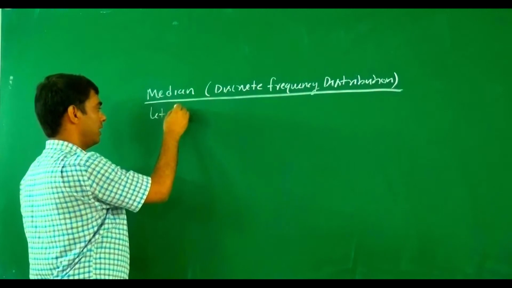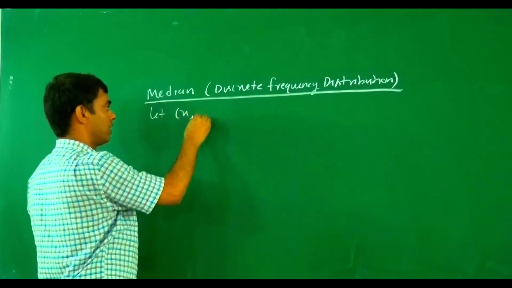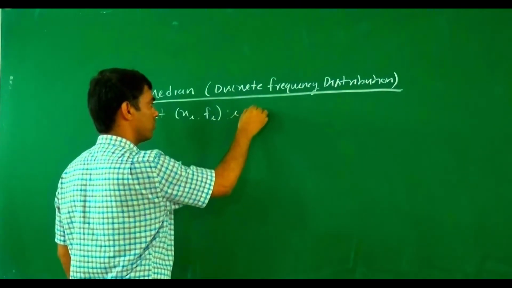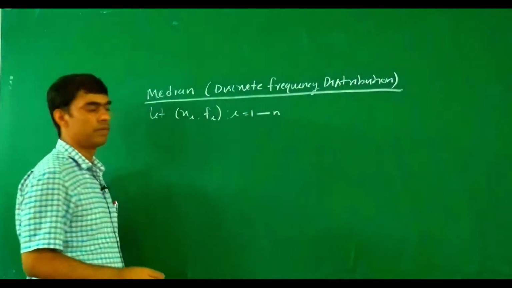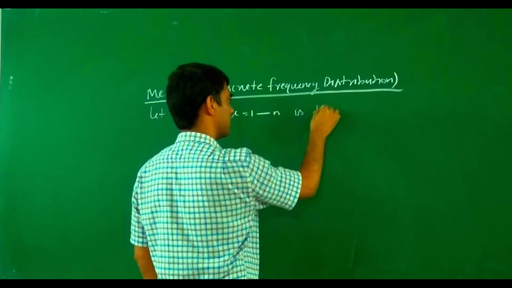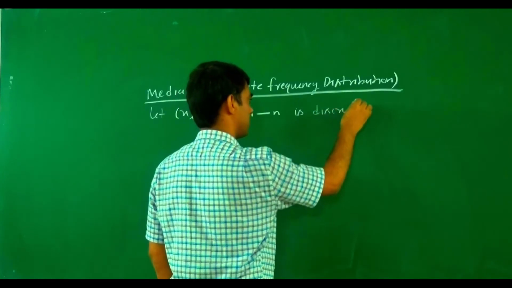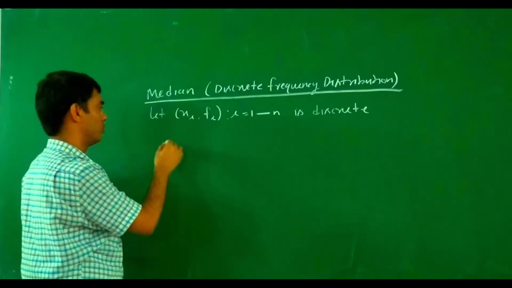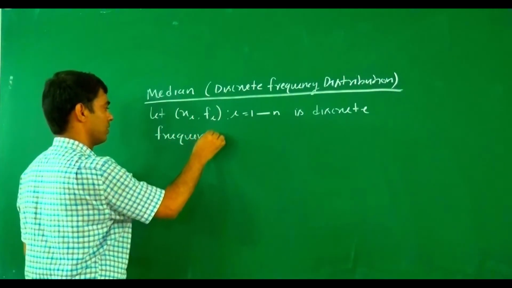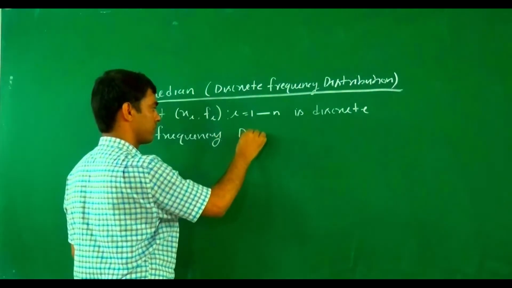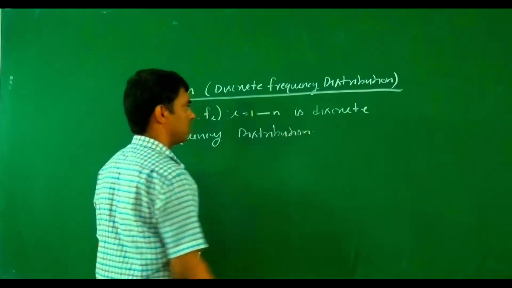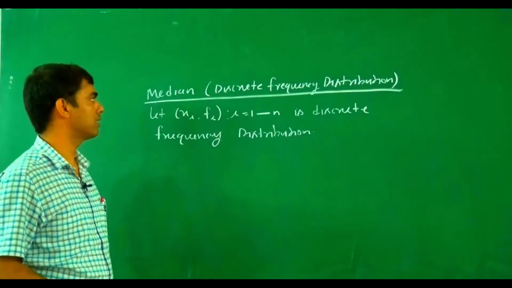Let xi, fi, where i ranges from 1 to n, be a discrete frequency distribution. Then how do we find the median?